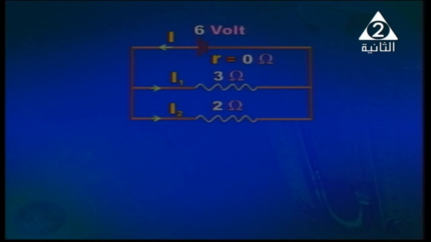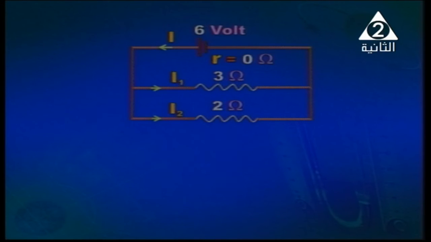What about the first problem? In front of you we've got a circuit, a battery and two resistors, a 3 ohm resistor and a 2 ohm resistor. The current through the battery is denoted by capital I, that through the 3 ohm resistor is I1, and that through the 2 ohm resistor is I2.